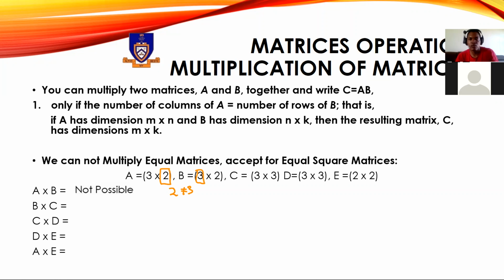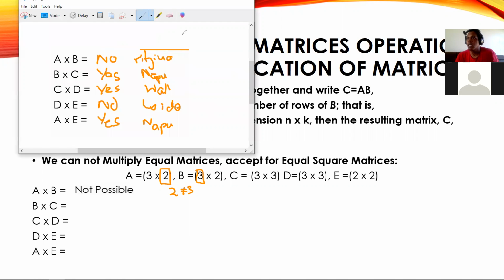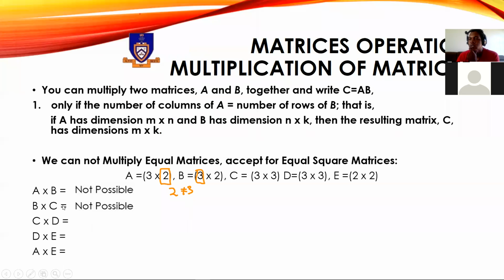And that said, the first answer of Rishua, sorry about that. I just want to quickly go to my red pen. So Rishiwa's answer is correct. And we continue to the next one, B times C. With B times C, we do the same thing again.